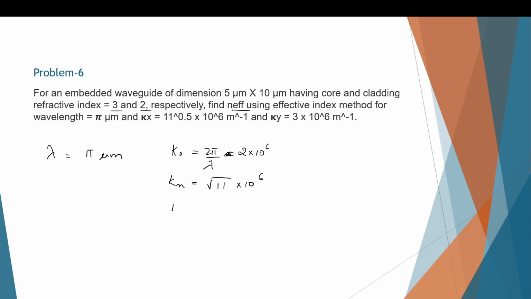Everything is meter inverse. ky they have given to be 3 into 10 power 6 meter inverse. Okay, so we have to find the n effective.